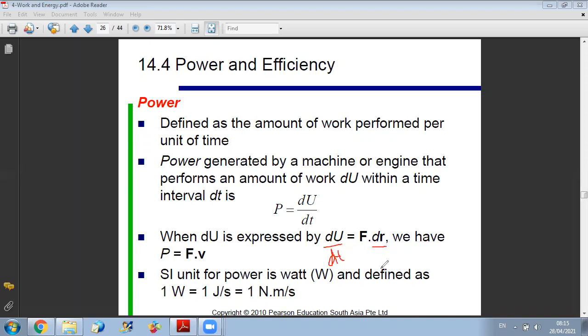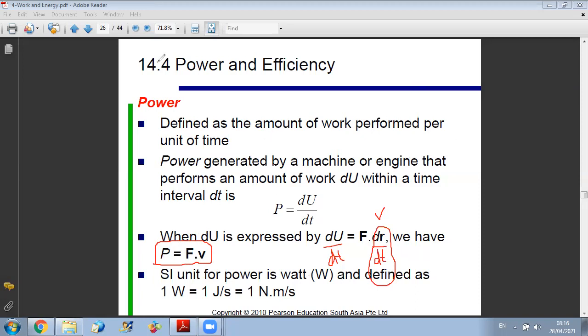We will obtain F dot dr by dt. dr by dt is the derivative of position with respect to time, which represents the velocity vector. So we can say that the power is equal to F dot v. Now, the unit of power is the watt, which is joule per second.